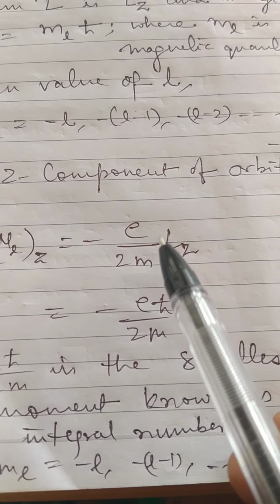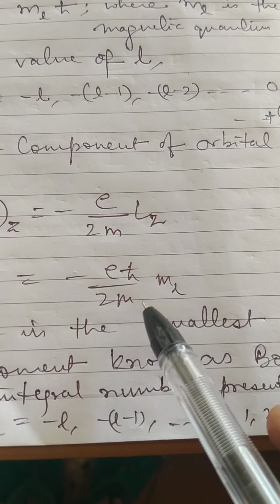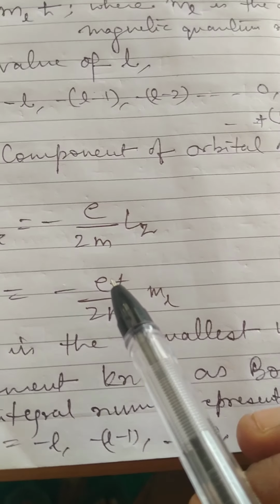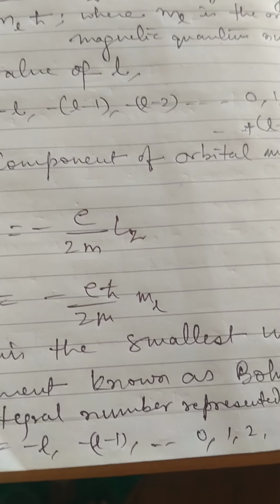So mu Lz will be equal to minus e by 2m Lz, and that is equal to minus e h cross by 2m ml, because Lz has the value ml h cross, and ml will have the values from plus L to minus L via 0 in the interval of 1.